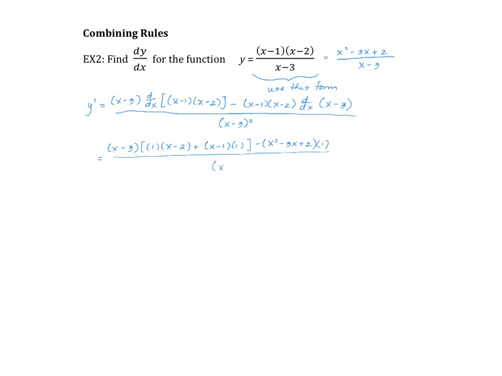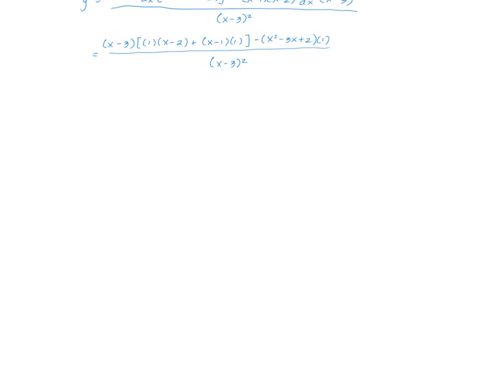Now it's just a matter of simplifying and seeing if anything cancels. In the numerator, this is going to be x minus 3, and these 1's don't change anything on the product. So this is going to be 2x minus 3. Minus, again, the 1 doesn't do anything with the product, minus x squared plus 3x minus 2.